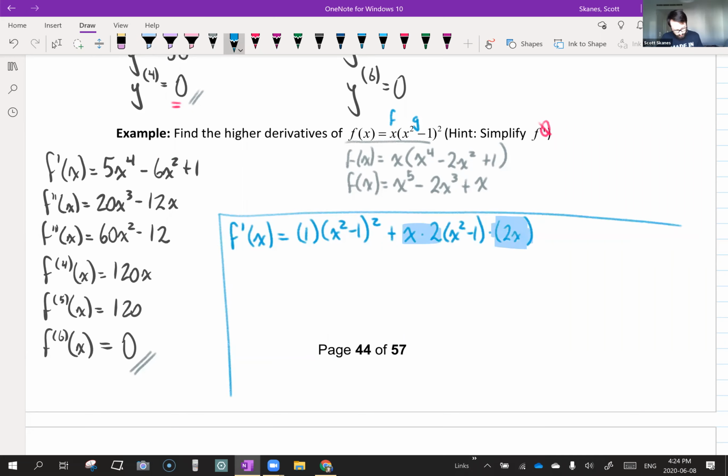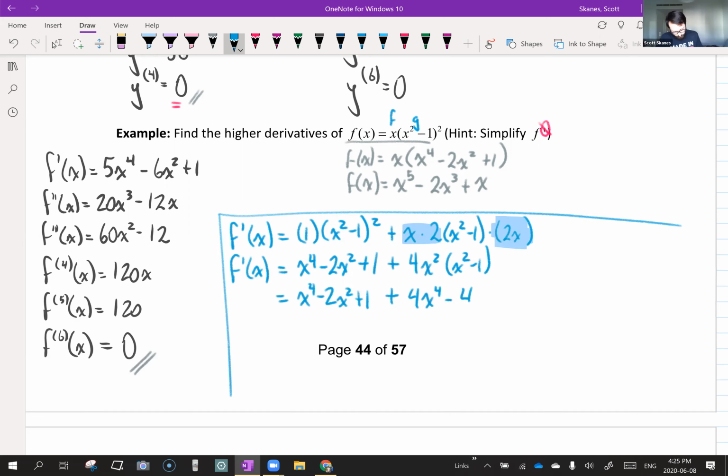I'm showing you this because some students actually prefer this, although I don't know why. You need to expand this one. Plus x times 2 times 2x is 4x squared times x squared minus 1. You'd have to go even further, multiplying through by the brackets here. And then you would actually get your first derivative, which is way easier if you expanded it first.